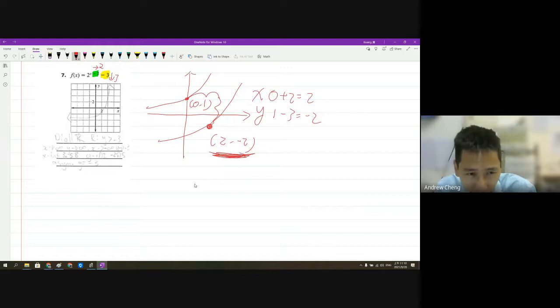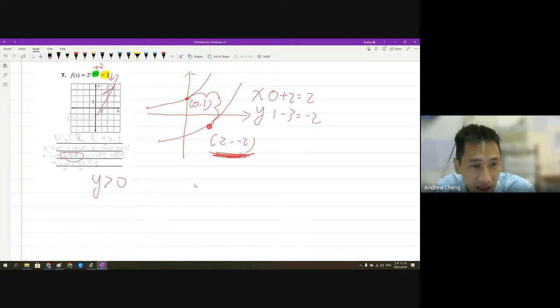The range for the parent function is y greater than 0, but because you shift down 3 units, the new range is y greater than -3. For end behavior, it goes up to infinity on the right; on the other side, when x approaches negative infinity, y approaches -3. That will also be the asymptote.